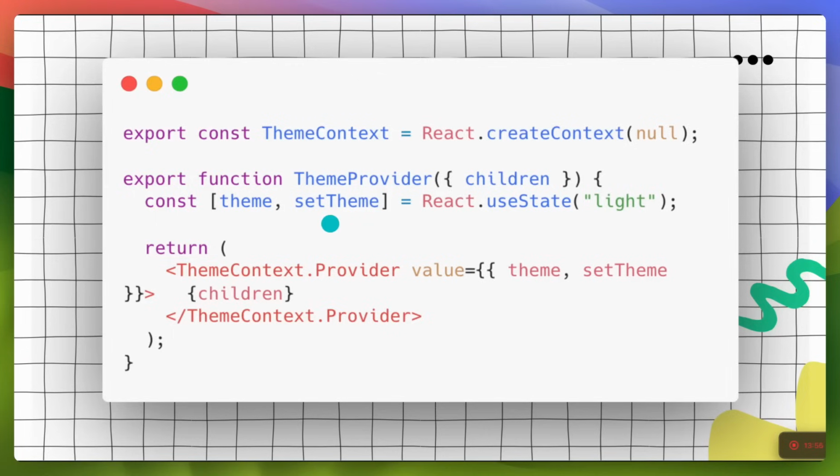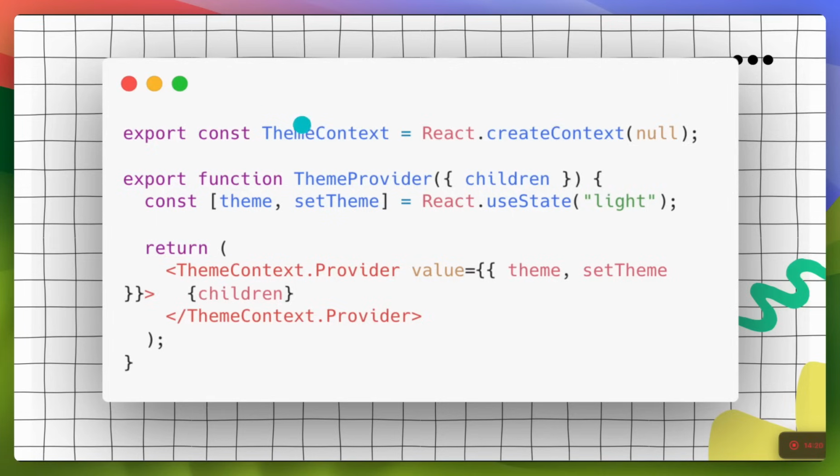So this is how you create your own custom provider. To do so, you need to use the React Context API. First, you create a new context. So in this example, we are creating a theme provider so that you can manage light and dark modes in your React application.